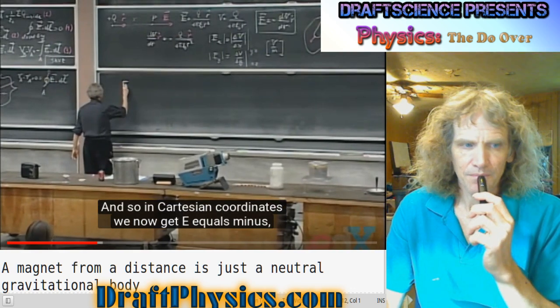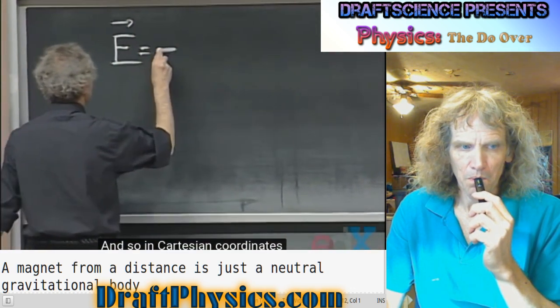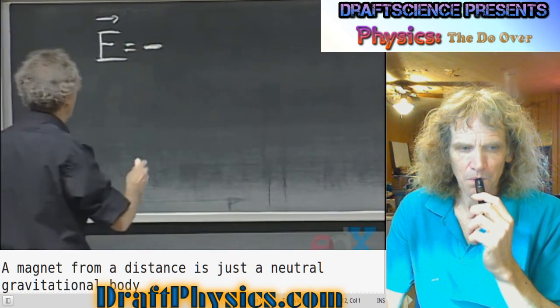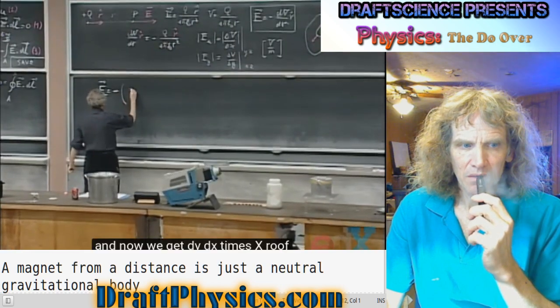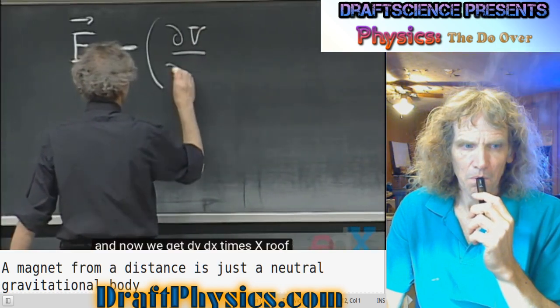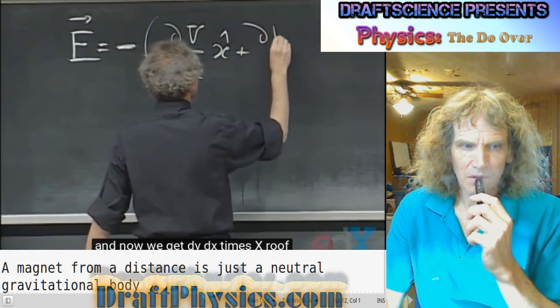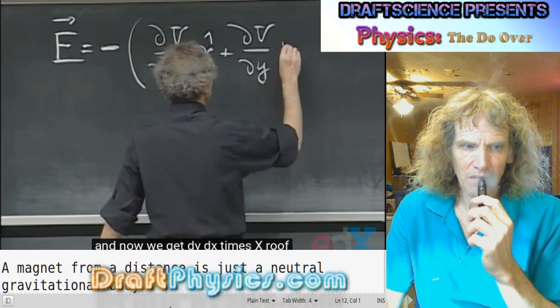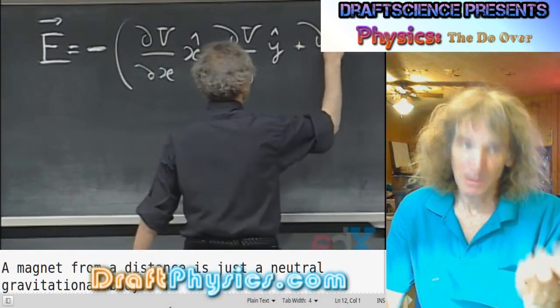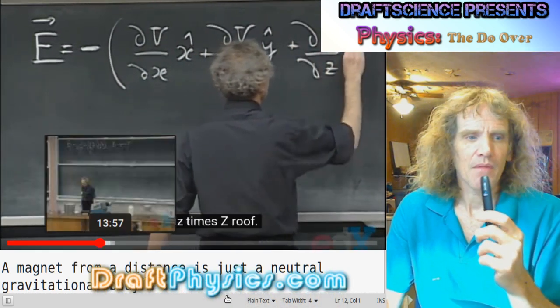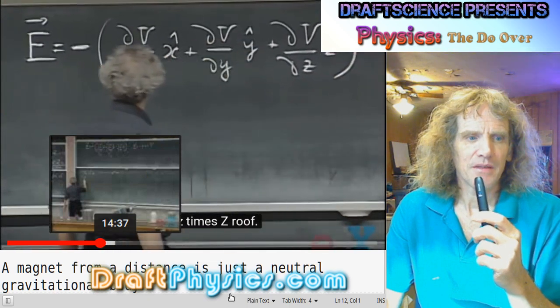And so in Cartesian coordinates we now get E equals minus, that minus sign we discussed at length, and now we get dV/dx times x hat plus dV/dy times y hat plus dV/dz times z hat. Maybe we'll skip some of this math.